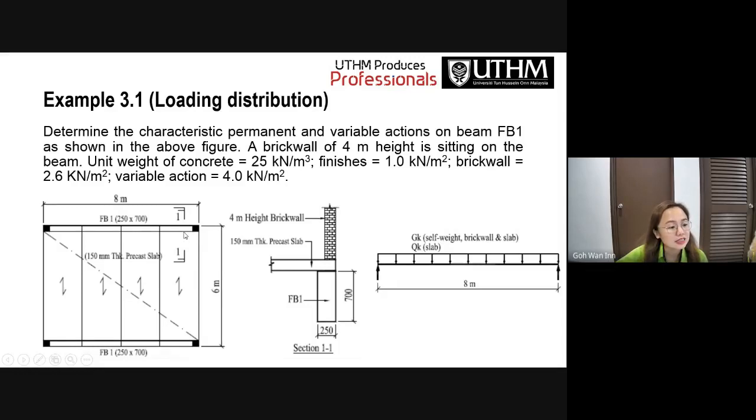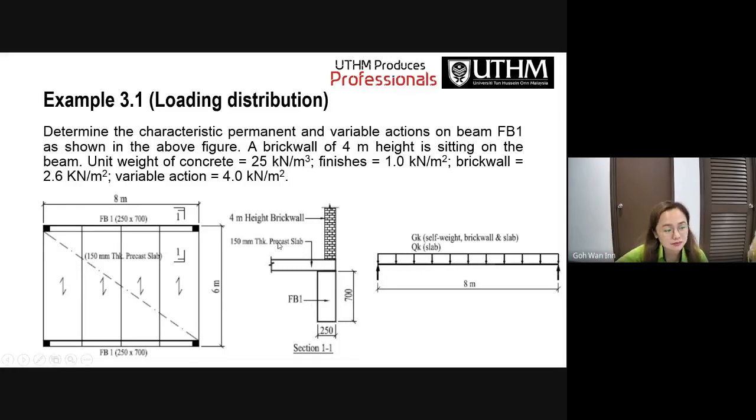Even this one, you can see from the cross section: a 4 meter height brick wall is sitting on it, and a precast slab is sitting on it. This is the FB1, 700 times 250. The h is already given, so you need not get h minus hf for a flanged beam, because this is a rectangular beam.